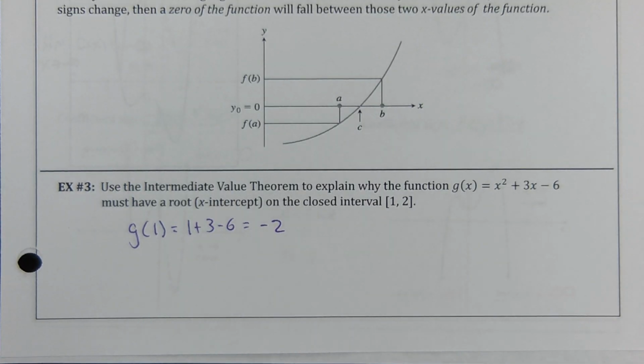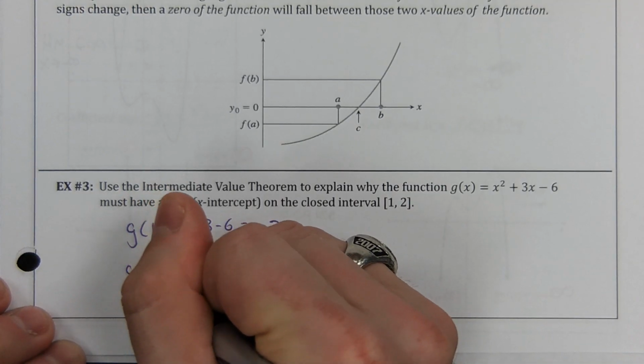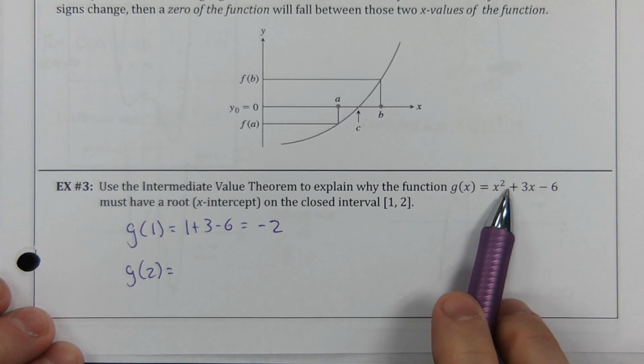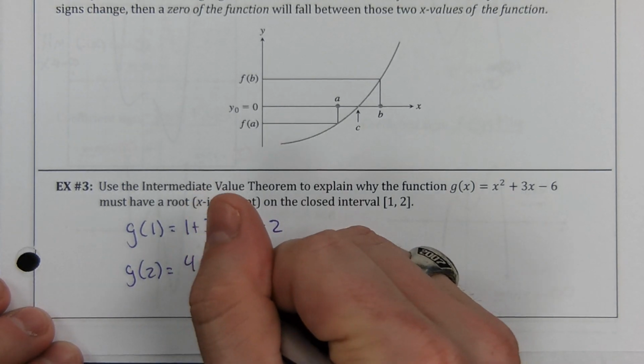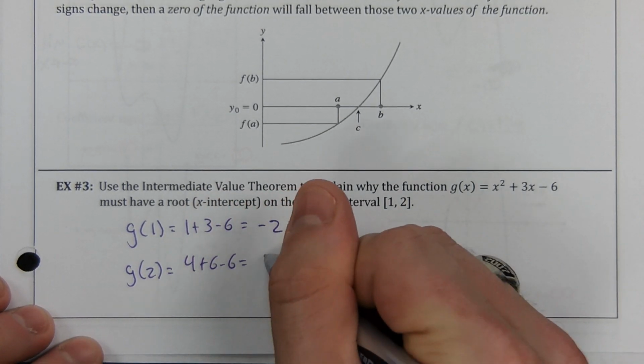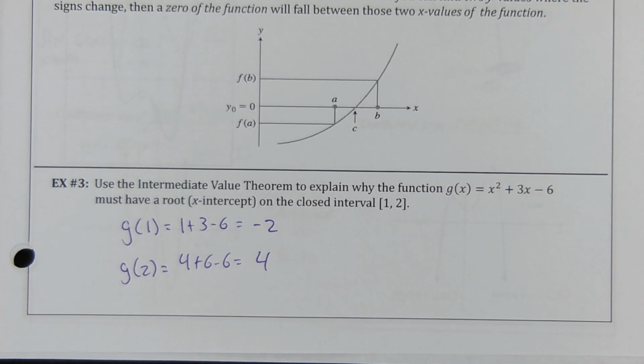Then you substitute in x equals 2. You get 4 plus 6 minus 6, which is 4. You see how we went from negative y values to positive y values? Because the sign changed, we went from under the x-axis to above the x-axis. We must have clearly hit the x-axis somewhere between x equals 1 and 2.